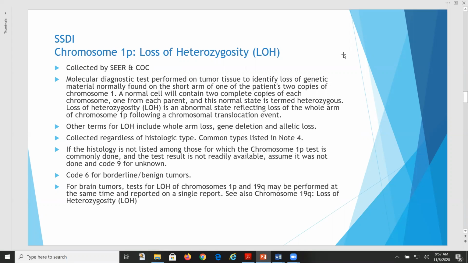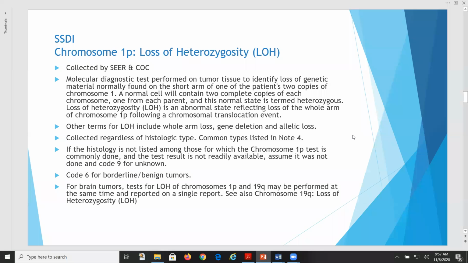So if the histology that you have in your case is not listed among those for which the chromosome 1p test is commonly done, and the test is not readily available, assume it was not done and code 9 for unknown. Code 6 for your borderline benign tumors.